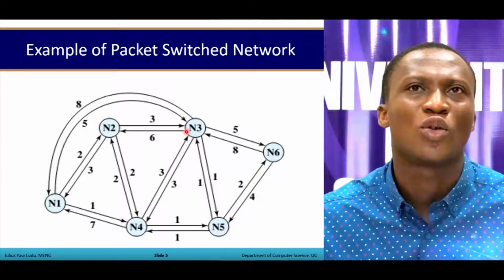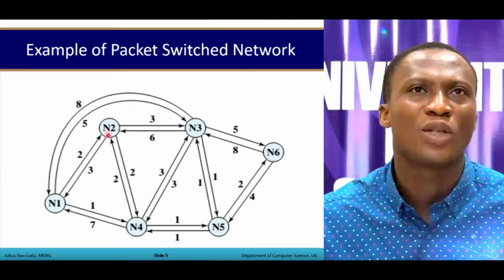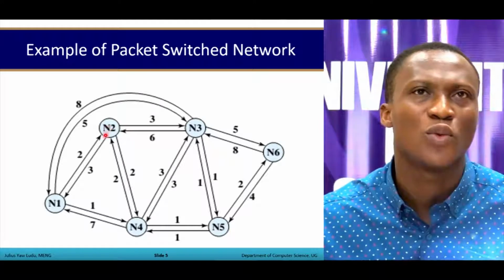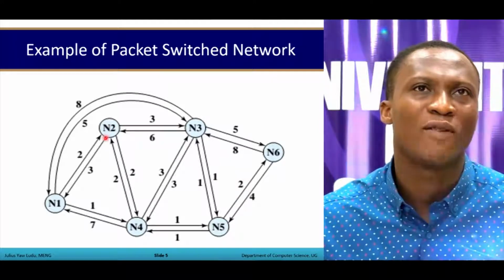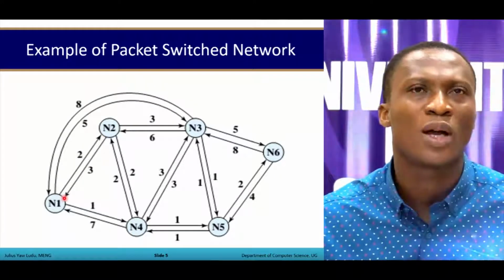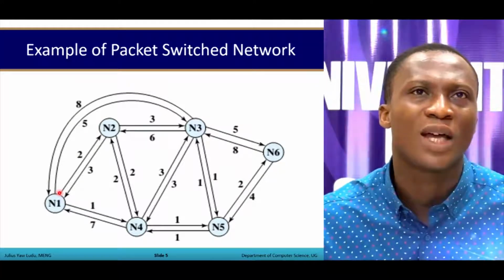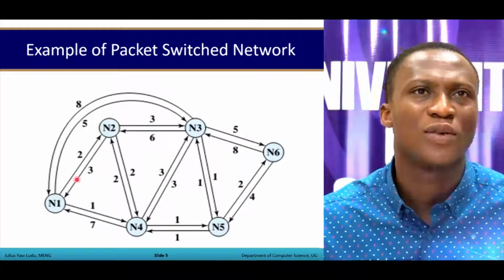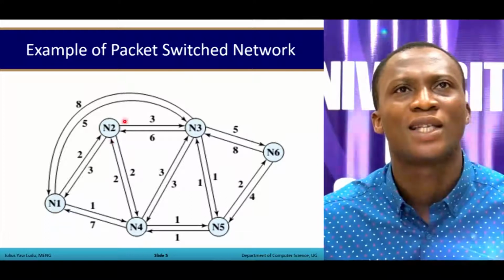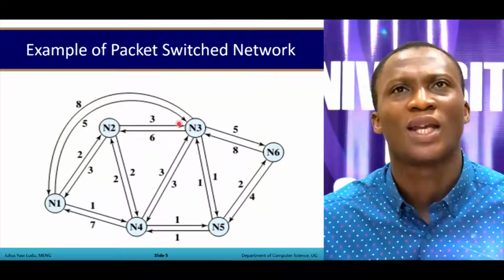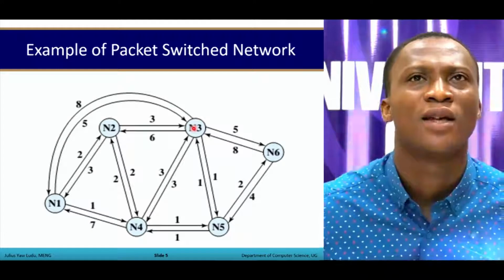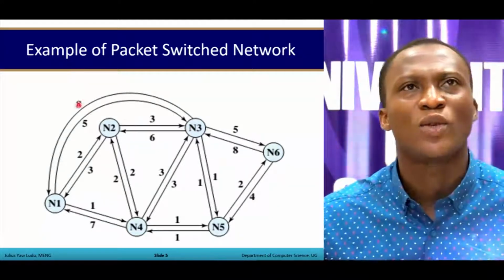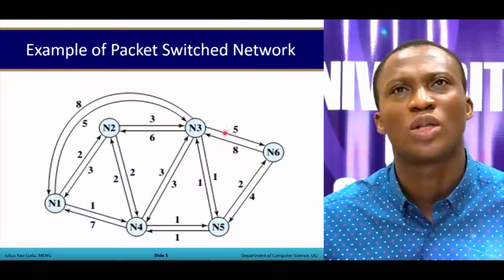It also has another out degree coming this way. So it has both an in degree and an out degree to N1, and an in degree and an out degree to N3. The numbers you are seeing there are the costs associated with the links.